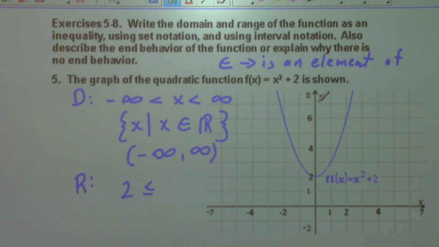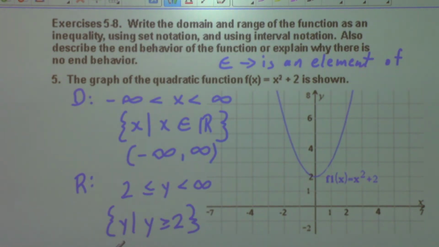There's the y right here, which is less than infinity. Okay, and then in set notation, we have y such that, and we just put y is greater than or equal to 2, right?